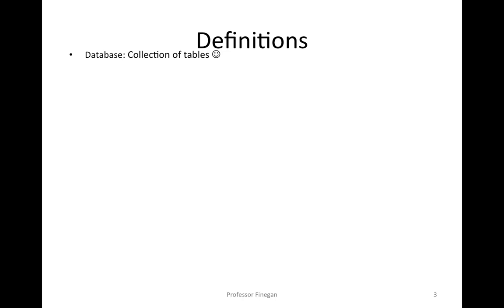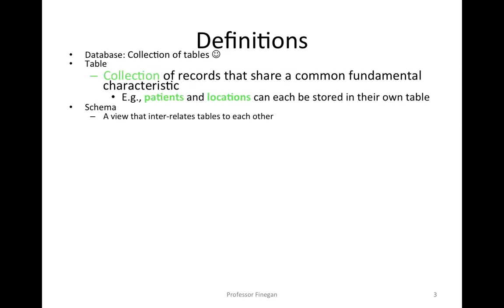As previously stated, a database truly is a collection of tables. From a table perspective, we're viewing this as a collection of records that share a common fundamental characteristic. For example, patients and locations can each be stored in their own table. Additionally, it's important to understand that a schema is a view that interrelates tables to each other.